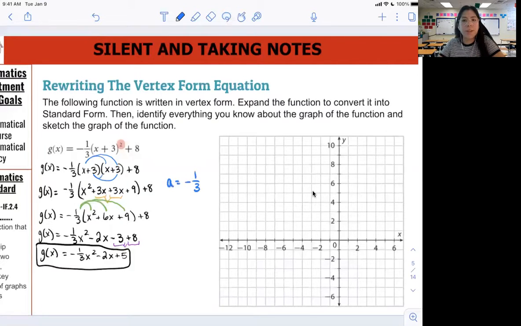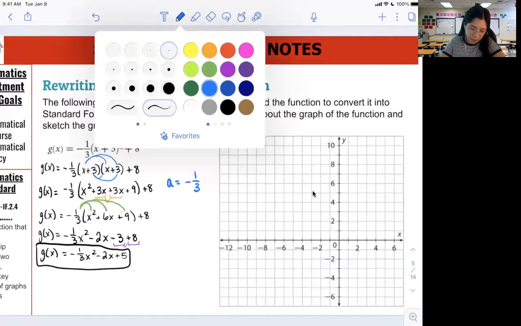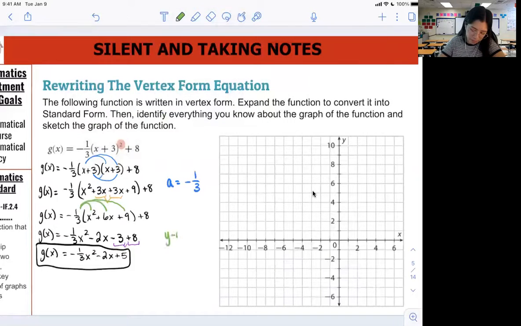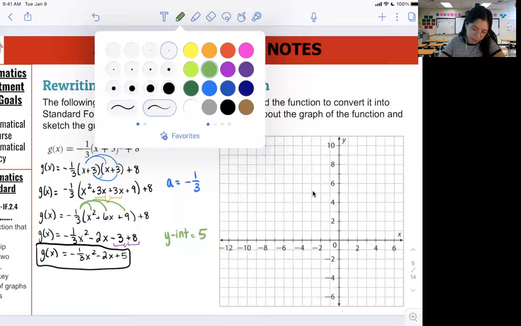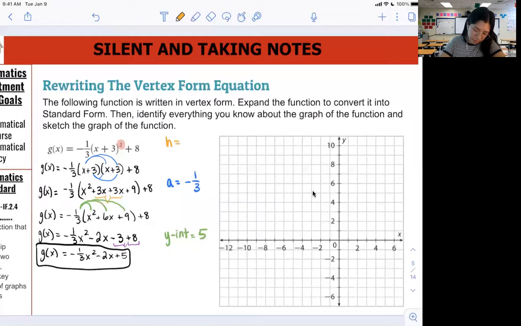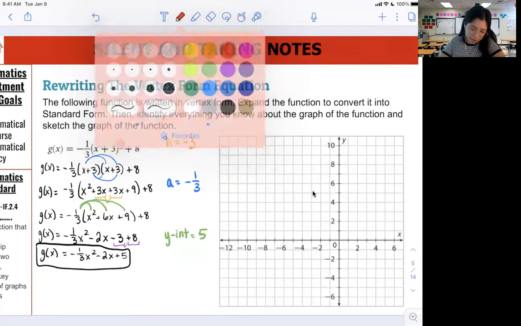What else do I know? H is negative 3. Perfect. K is 8.